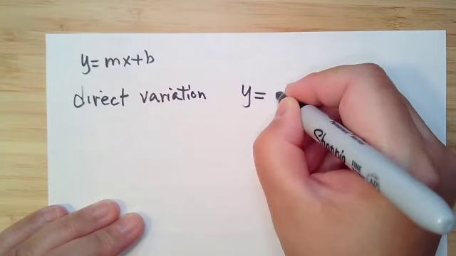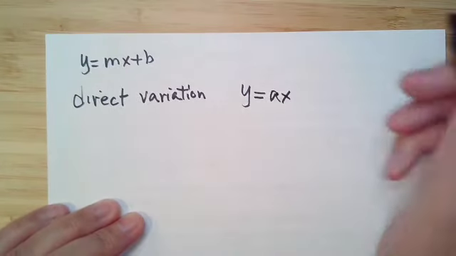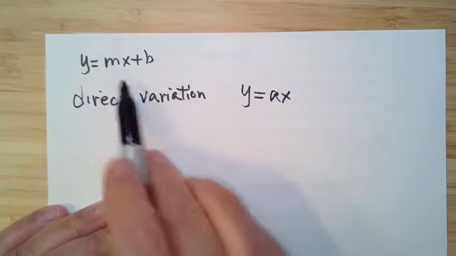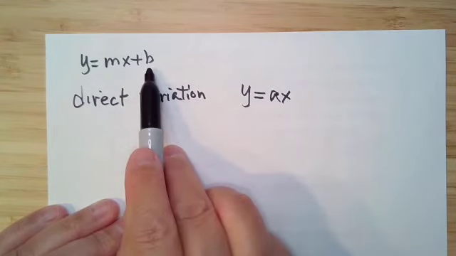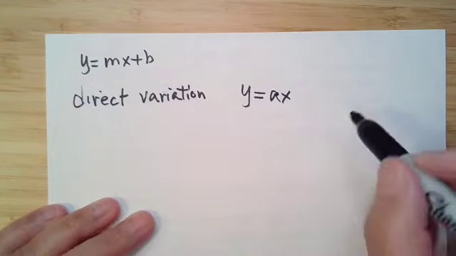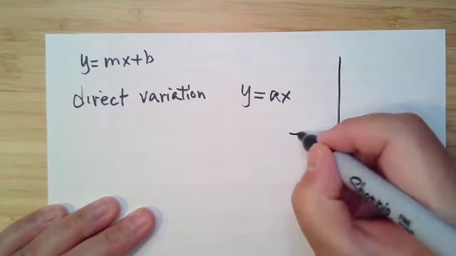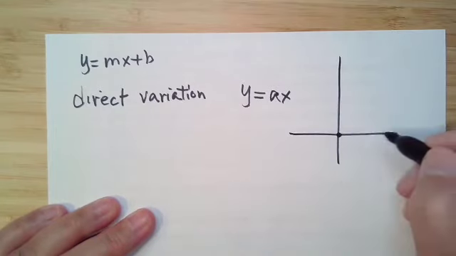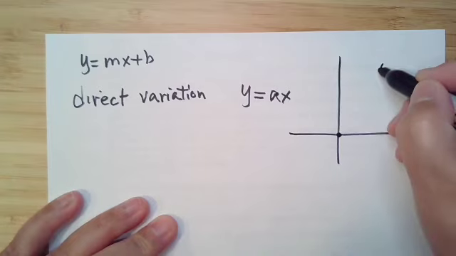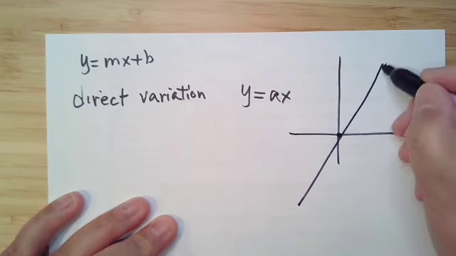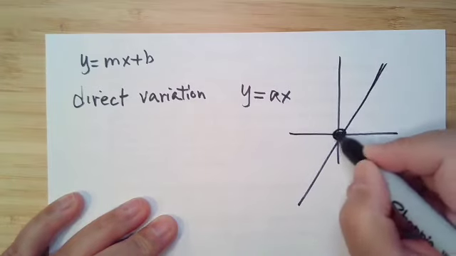I just use the little letter a, but actually that is the slope, right? A is the slope. What happened to b? B is 0, and you remember that b is the y-intercept. What happens when the y-intercept is 0? You get a line, sorry, it's not very straight, that passes through the origin. Origin (0, 0).